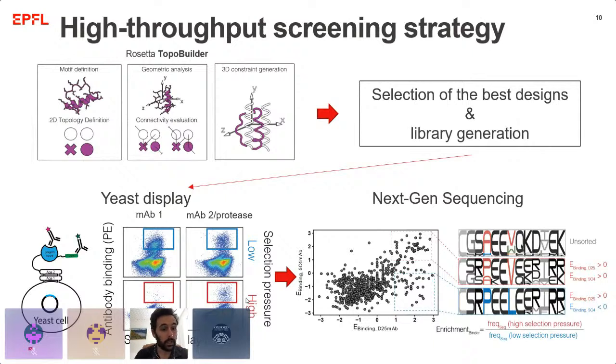We use yeast display, and we expose these libraries of designs at the surface of yeast, both to binding selection pressures as well as to folding selection pressures, which in this case is related to protease resistance. And then using a next generation sequencing approach, we figure out which sequences have the best characteristics. Next slide.